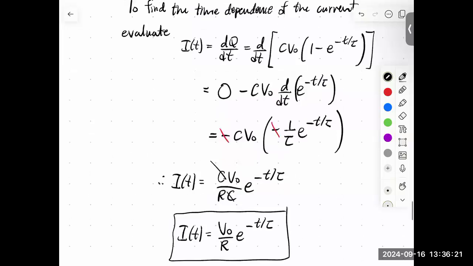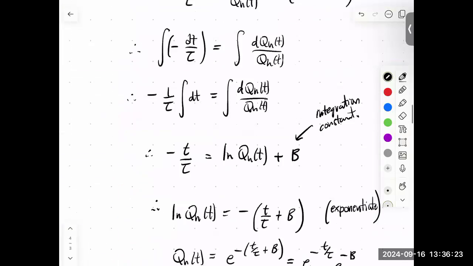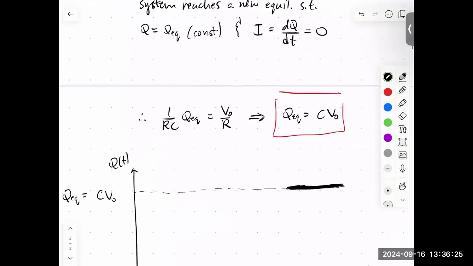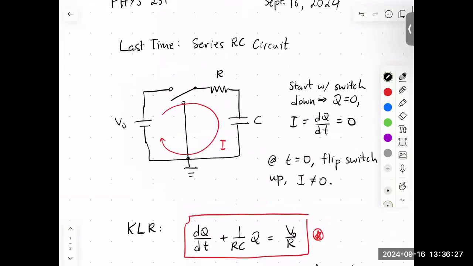And so let's go look back at our original circuit here. And let's just think about what happens when we close the switch. So we flip the switch up here. The capacitor's uncharged initially. So at t equals 0, if we did the voltage loop rule, we would gain the voltage of the battery. We'd lose some voltage across the resistor, but then nothing happens at the capacitor.